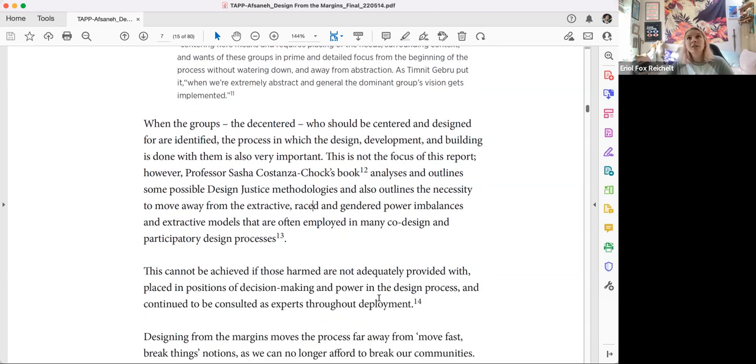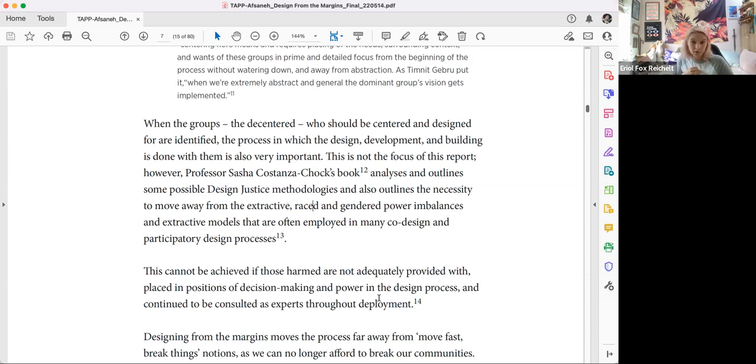And I somewhat expected the design from the margins, decentered approach to suggest alternatives to those processes through the suggestion of collaboration and things like that. But unless I missed something quite small, there's not a suggestion for how to solve that, and to not be extractive.